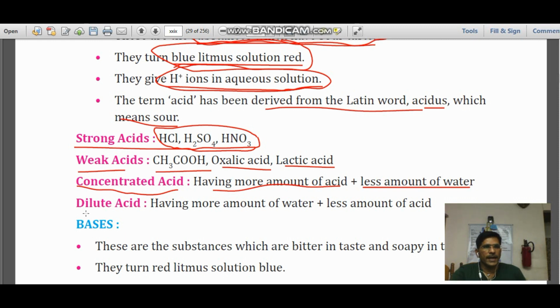Now dilute acid has more water and less acid. Concentrated and dilute acid depend on the amount of water, while strong and weak acid depend on ionization. Complete ionization, strong acid; incomplete ionization, weak acid.